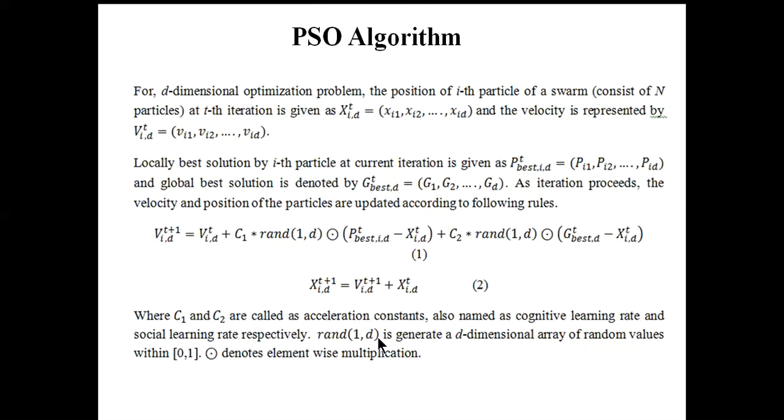Now after updating the velocity, the position of the particle will be updated by using this equation: x_id(t+1). So at the next iteration, the position will be x_id(t), the previous value of position, plus the updated value of velocity, v_id(t+1).